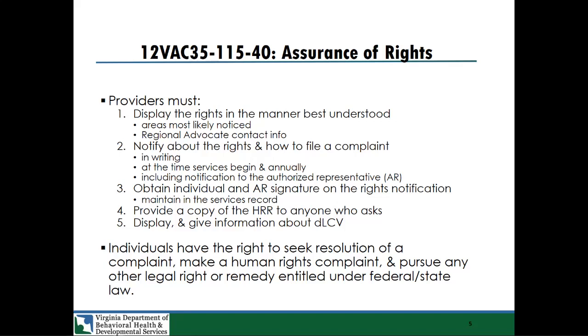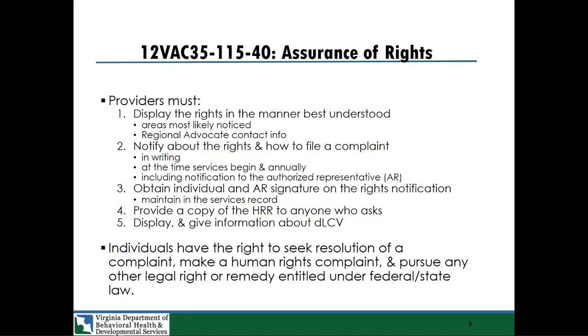You also want to make sure that all individuals are notified about their rights in writing at the time of admission and every year thereafter. In notifying the individual of their rights, you must also explain to them how they can file a complaint.